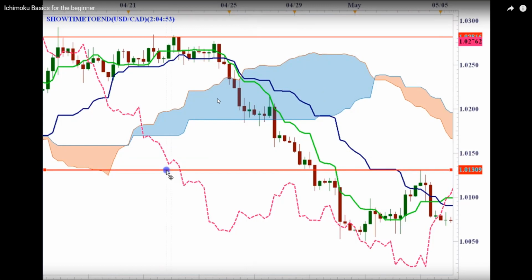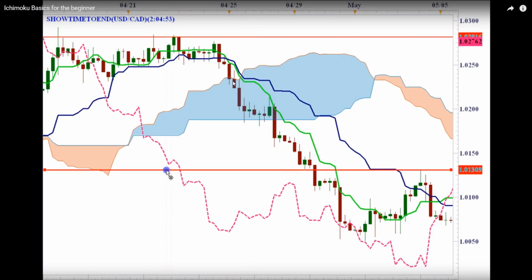I believe the Senkou span A line is this one on top, because in an upward trend, Senkou span A will be at the top. I hope I'm right. Would you guys agree? Senkou span A, that is correct. I would agree. Good deal.